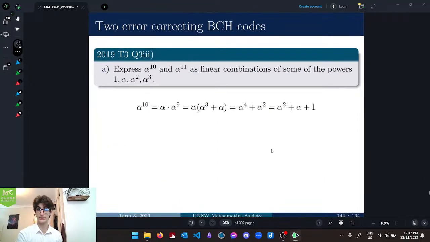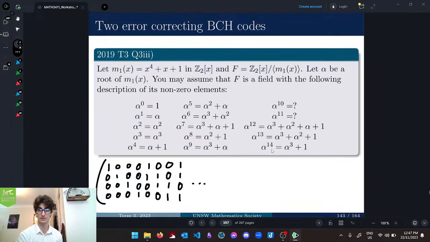So the trick here is to express alpha to the 10 as a linear combination of some powers that we already know. So we want to do it as 1, alpha, alpha squared and alpha cubed, because you should be able to reduce everything past the identity matrix point into powers of alpha contained in that identity matrix. So that is these 4.